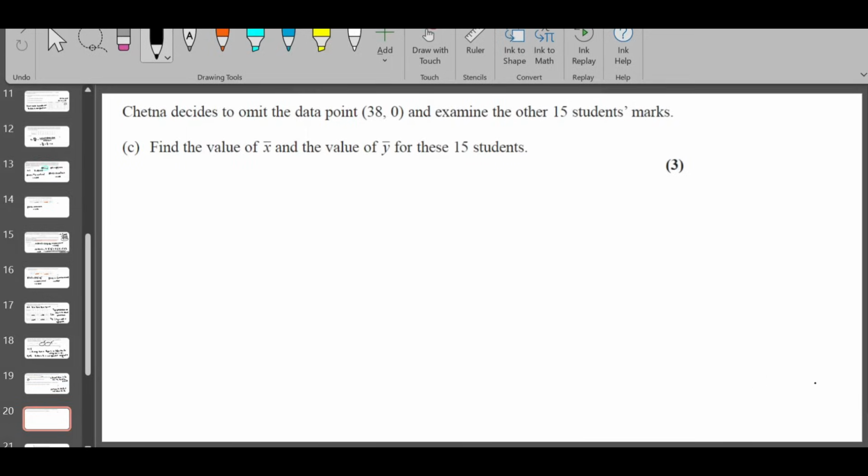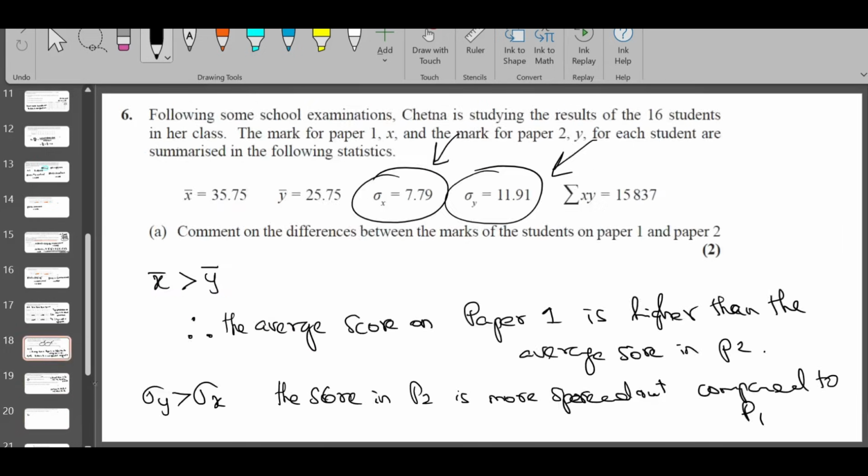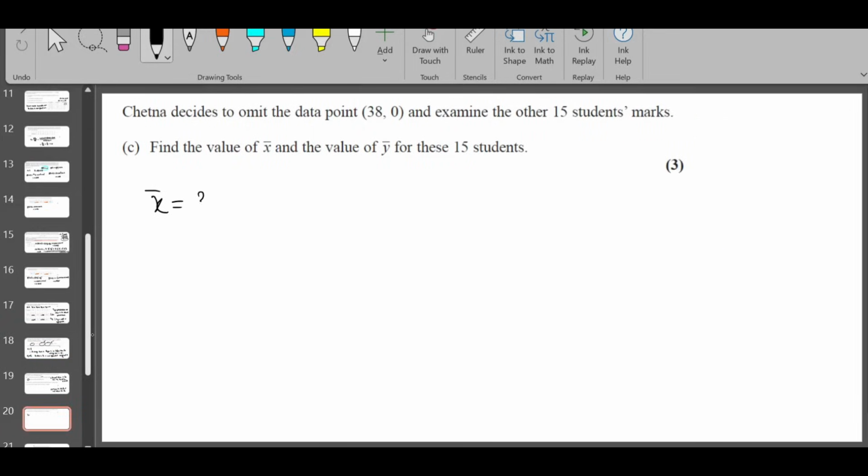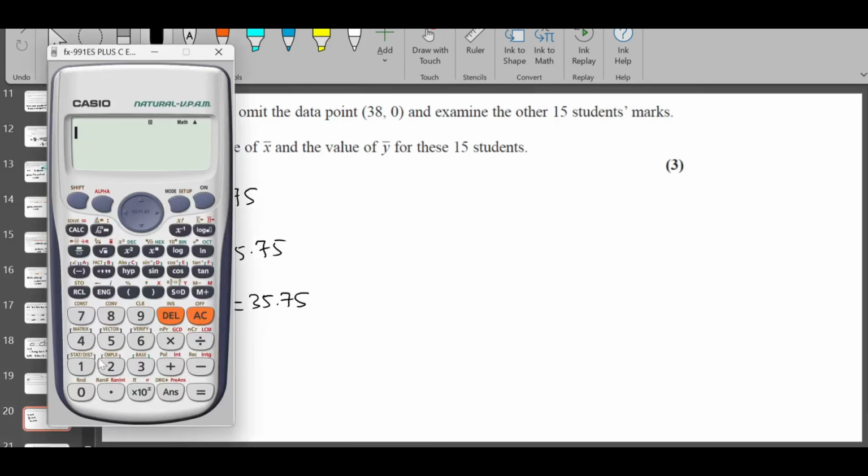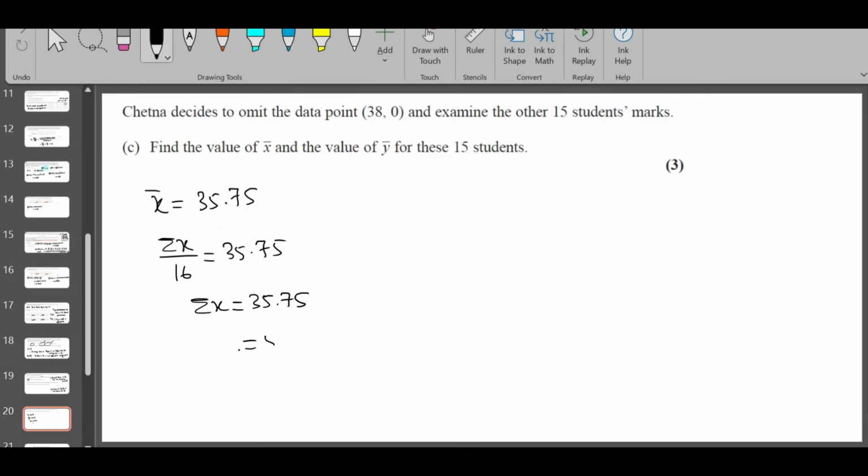Chetna decides to omit the data point (38, 0) and examine the other 15 students' marks. Find the x bar and y bar. We have x bar for 16 students, which is given here, 35.75. So x bar is sigma x over 16, so you can find sigma x, which is 572, the sum of the scores of all 16 students in paper 1.